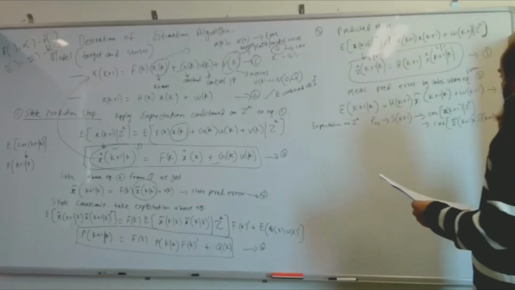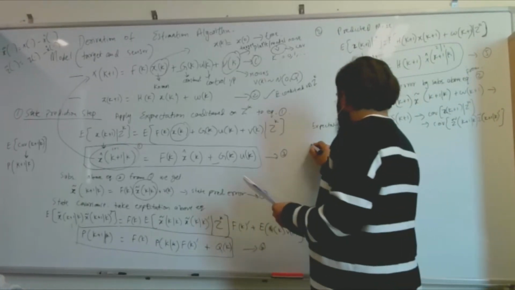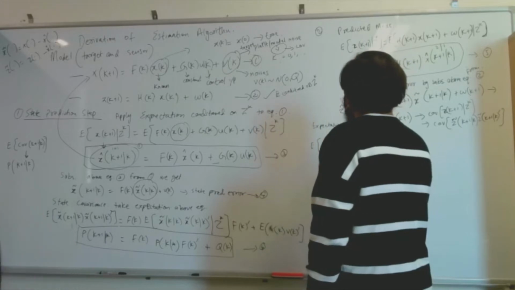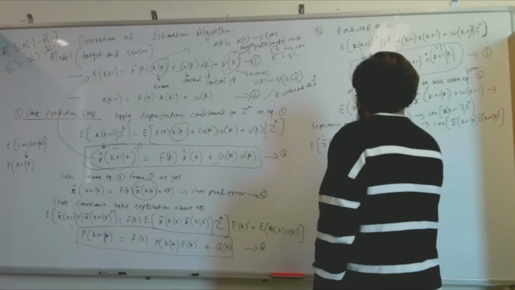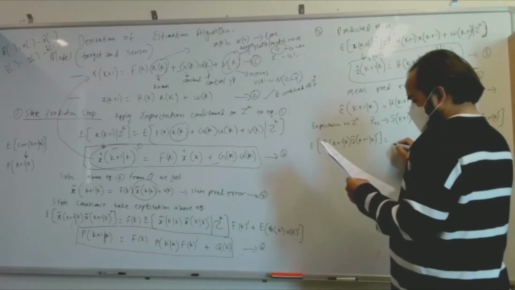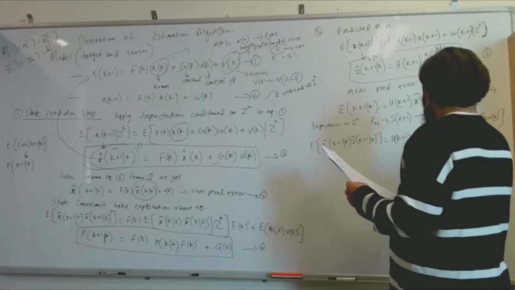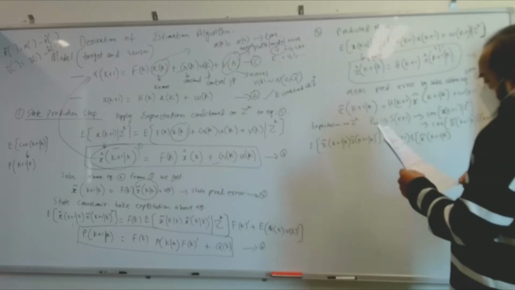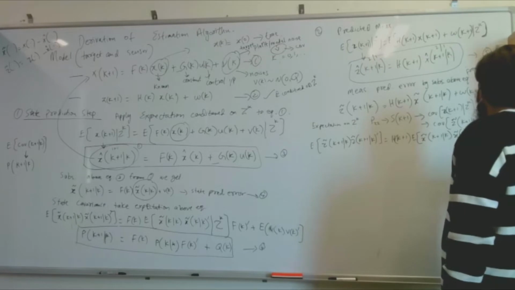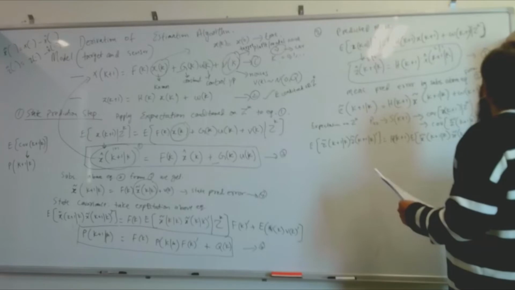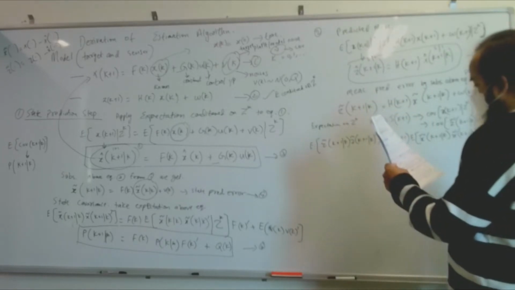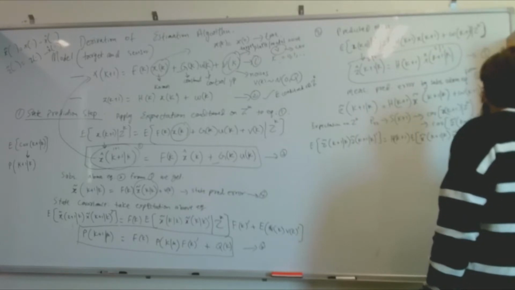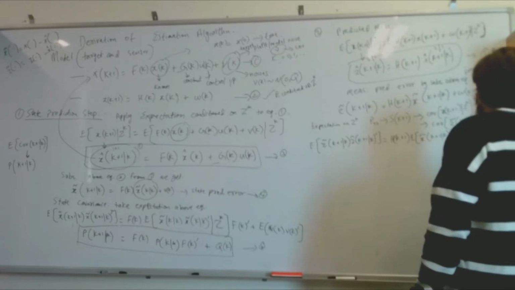So if we apply the expression over this one, we get h of k plus 1 times the expectation of the state error times its transpose, conditioning on zk, times h transpose, plus the expectation of w k plus 1 and w k plus 1 transpose.